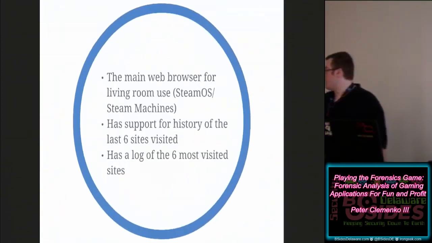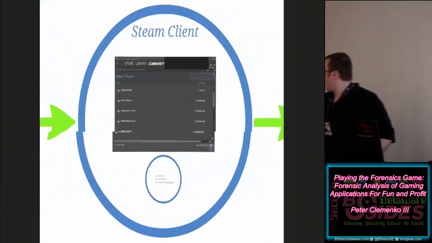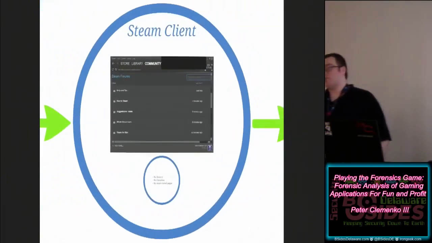So the Steam Big Picture browser is the main browser for Steam OS, and it's also got support for the 6 most recent history and the 6 most visited web pages. It also has support for favorites, which is important because you have the Steam client. The Steam client is the main digital distribution client.